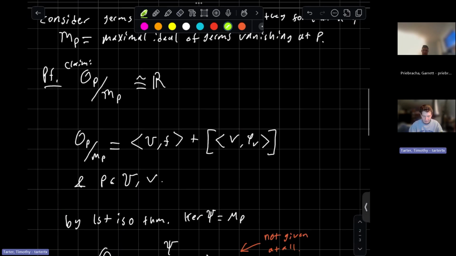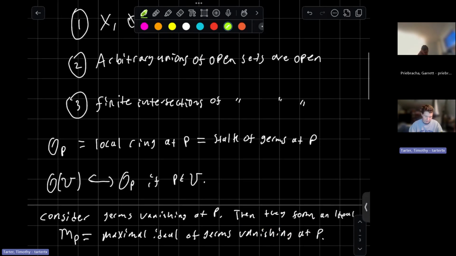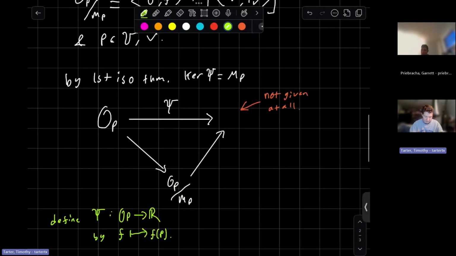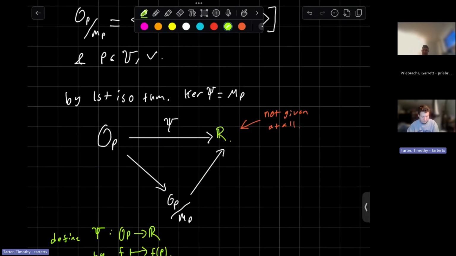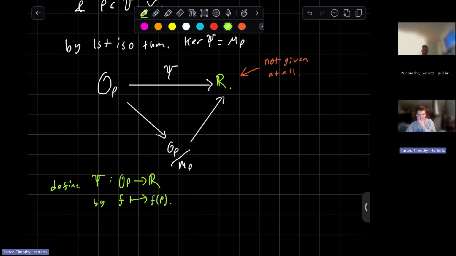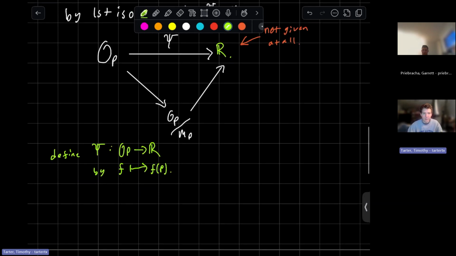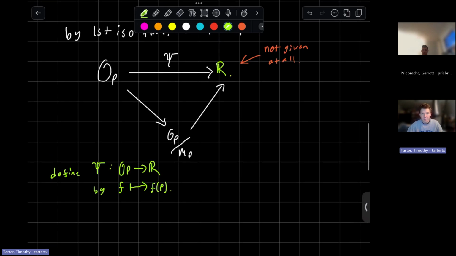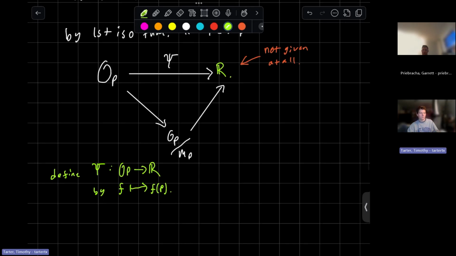If we are working on R and looking at real valued functions, then this will be R. But if we were working on some other field, I don't know that it would be isomorphic to R. Like if we were considering complex algebraic geometry, then this would be C. Or just the residue field.